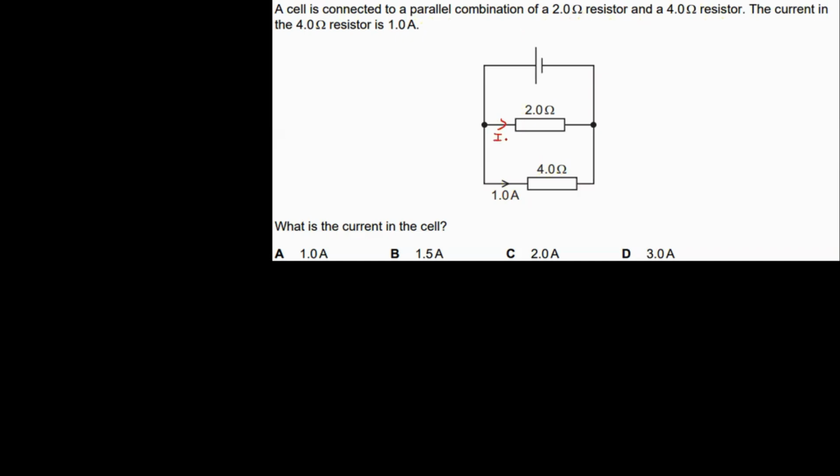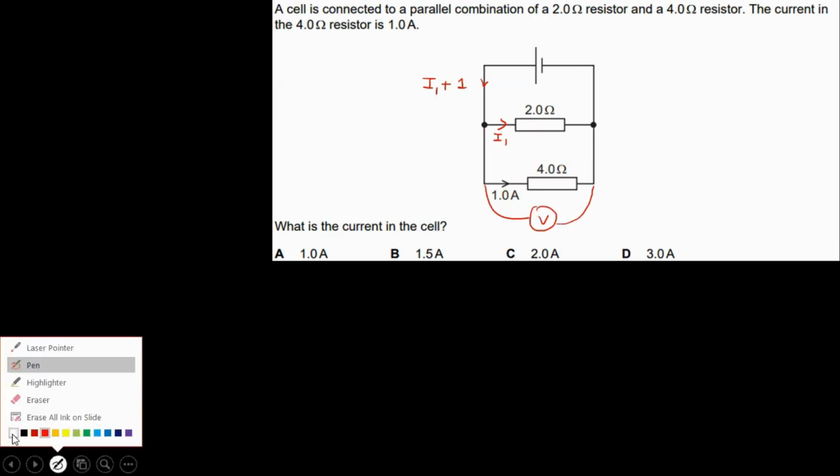Let's suppose this is I1, and the total current is equal to I1 plus 1. Now, since 2 ohm and 4 ohm are in parallel, the potential across both will be equal. So let's find out the potential across the 4 ohm resistor.